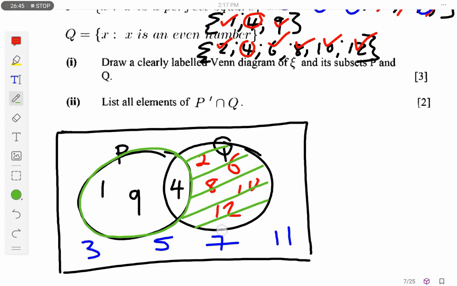So you are taking all these. So you are going to list, it's equal to 2, 6, 8, 10, and 12. Okay. That's how you do this question.